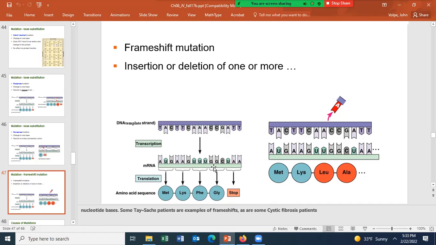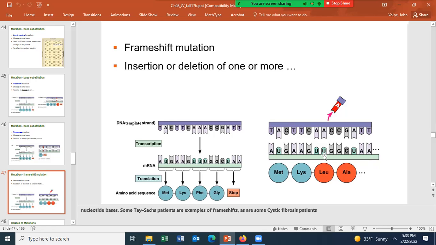It used to be GGC, but that G has moved up now into the UUG codon. So the new codon will be GCU, coding for another amino acid. And that will shift all of the codons. Everybody see that? That's why it's called a frame shift mutation.